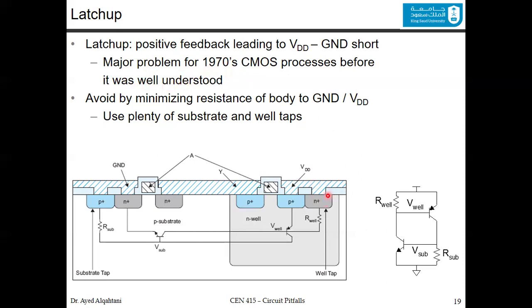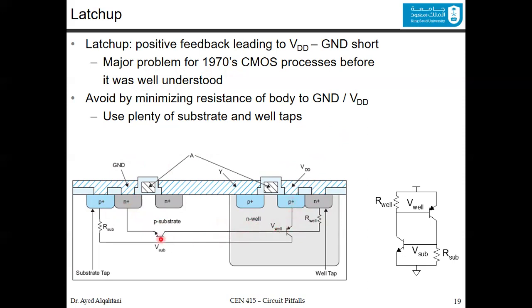To understand it, consider this inverter, and we actually talked about this when we talked about the fabrication in the first video, where we have tabs here. Now the thing is, if you look at the NMOS transistor, you have N followed by the P substrate, followed by the N well, followed by P in the PMOS.